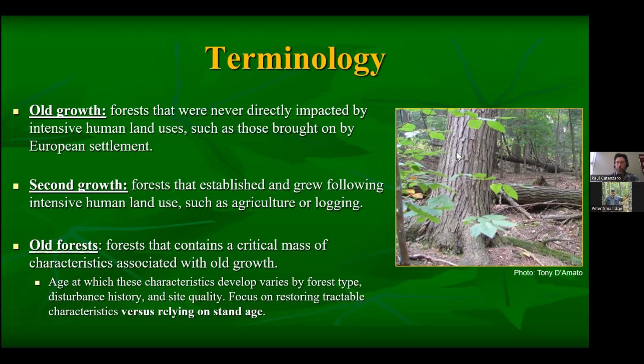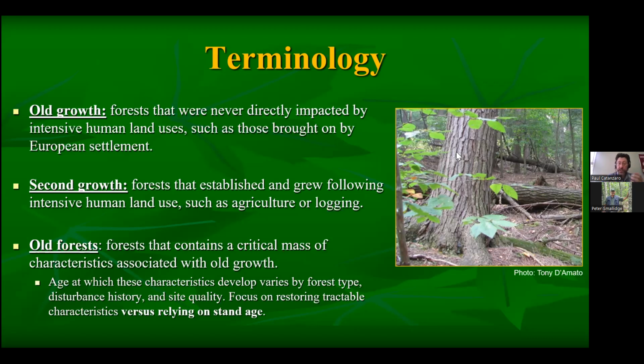It doesn't become old growth again, because once it has been cleared or logged, you can't recreate that old growth condition. However, you can mimic it, or you can develop the kinds of structures and attributes that you would find in an old growth forest.